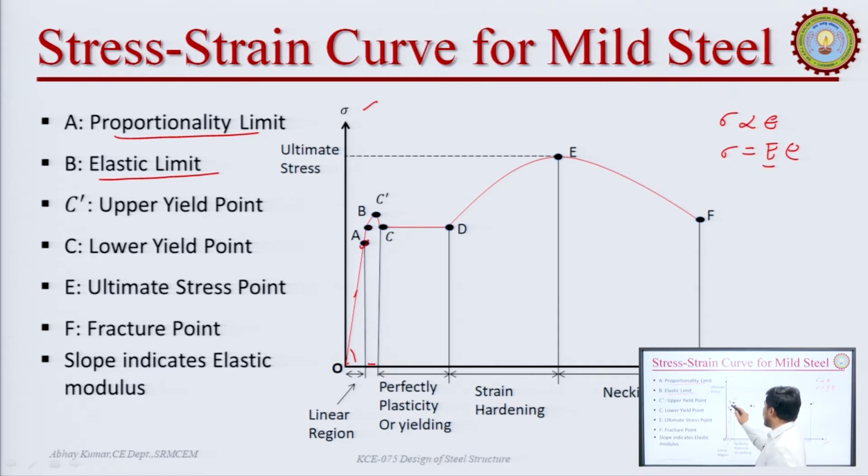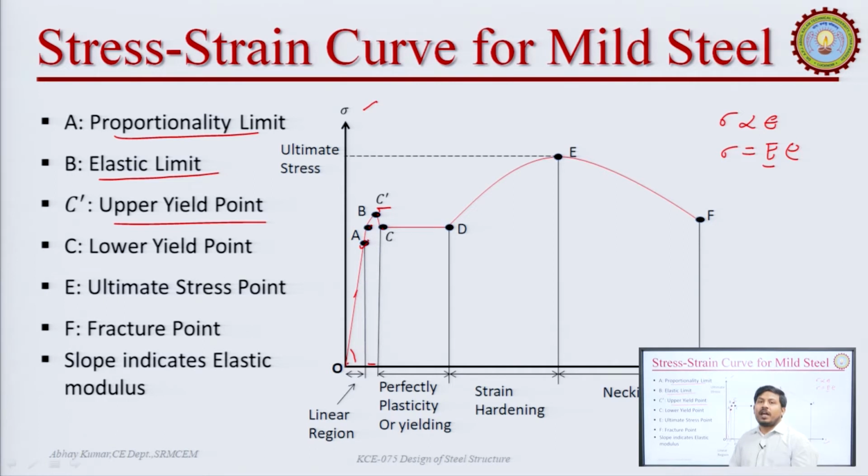Later on, if we again apply the strain, then beyond the elastic limit our material will reach its upper yield point. C dash is represented as the upper yield point. At the upper yield point, the material yields. Then again, if we increase the strain, the resistance from the material reduces, and this point is termed the lower yield point.